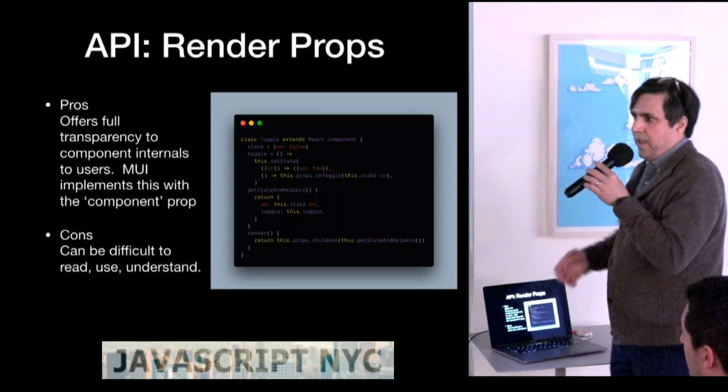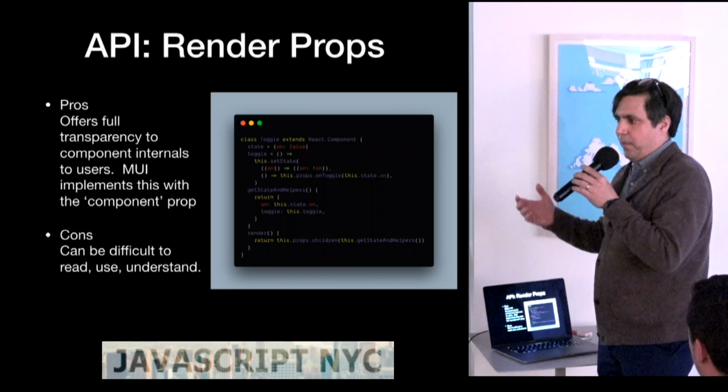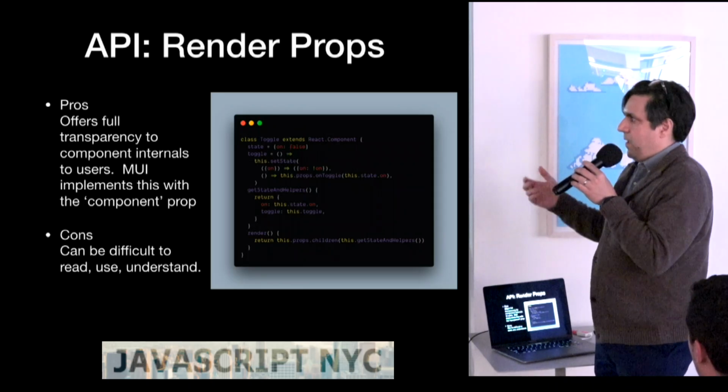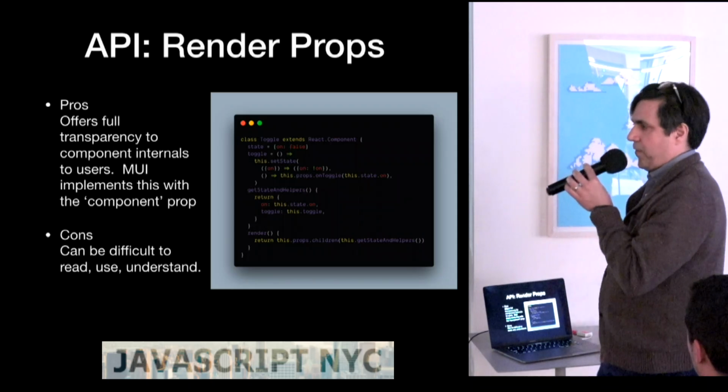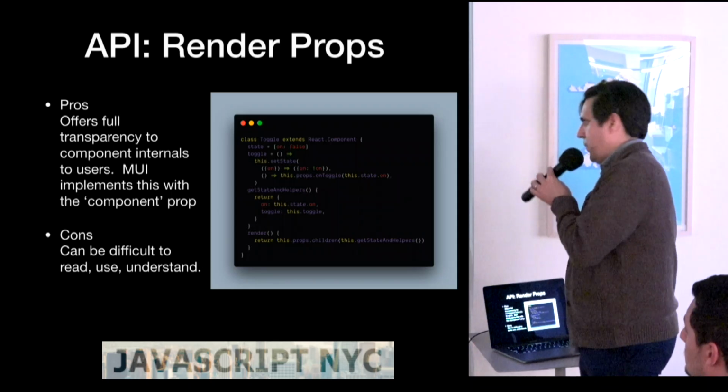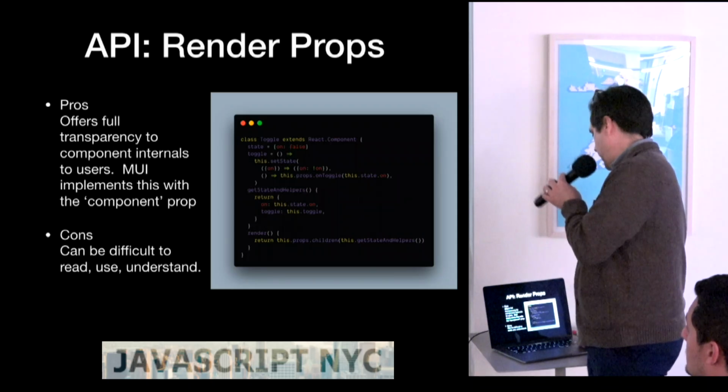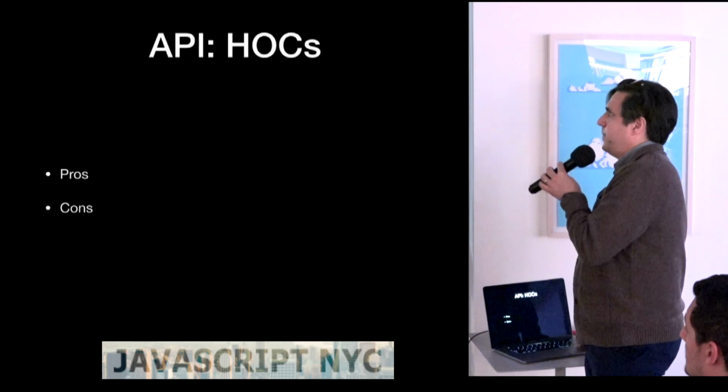Like if you have a really complicated component like an input with labels and helpers and validators, and you don't want to blow those things out, you maybe just want to control certain aspects, that's where render props come in, because you can be picky about what you want to take.